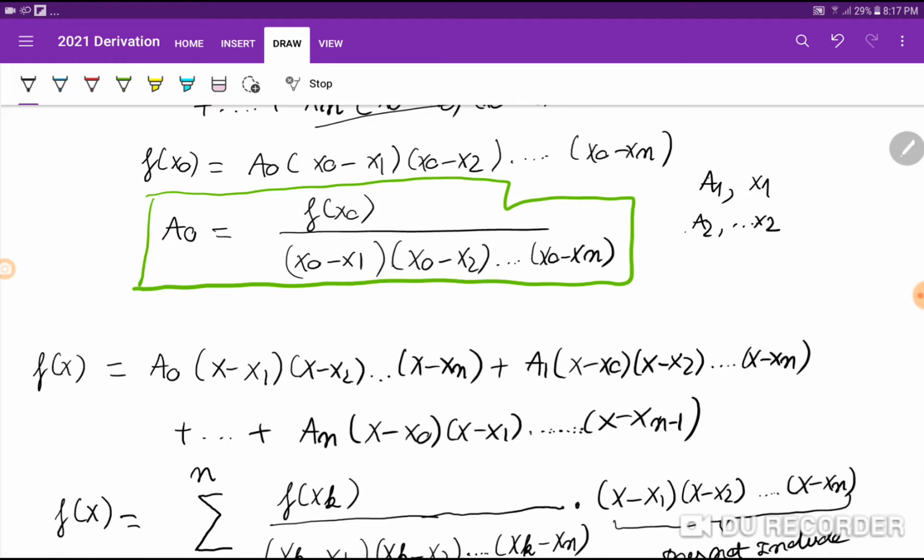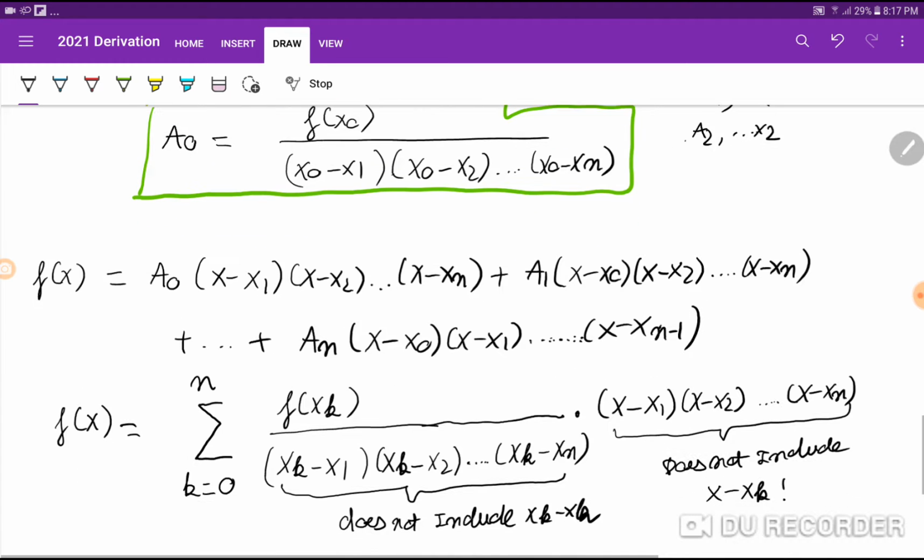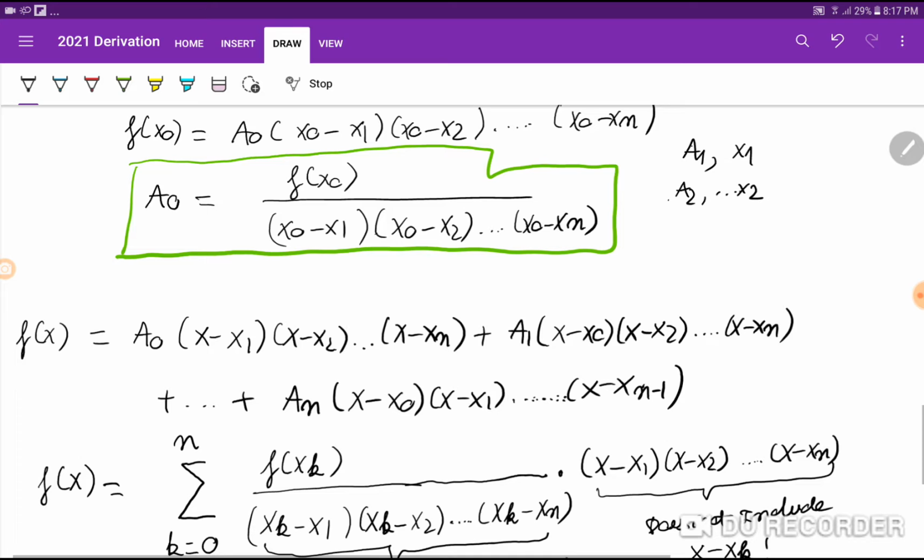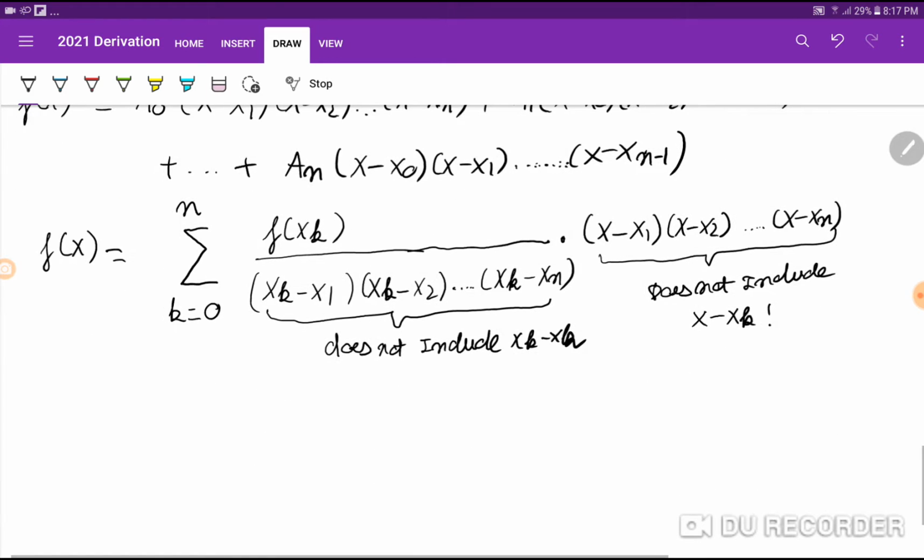So instead, besides the sigma term right here, we have to introduce another term which represents the multiplication of the whole series. So I'm going to rewrite this as f(x) equal to the summation of k equals 0 to n of f(xk) times, this is x, I'm going to have to introduce a new Greek notation, which is pi.